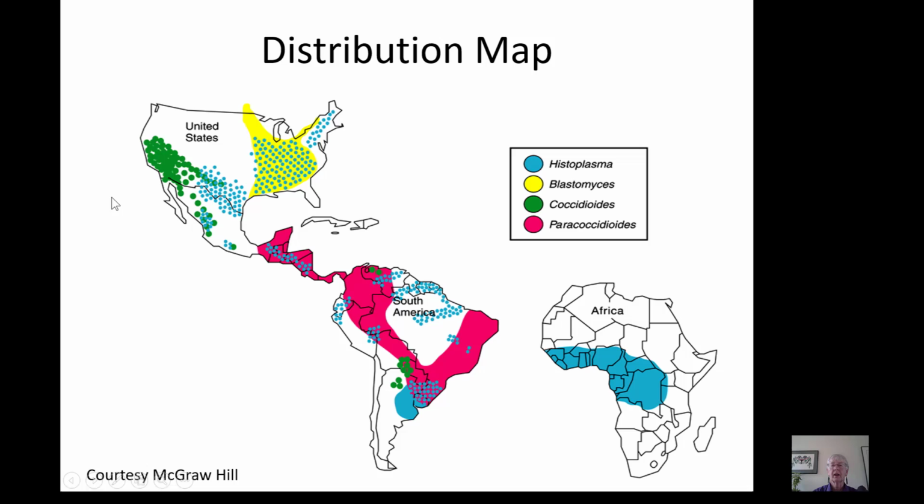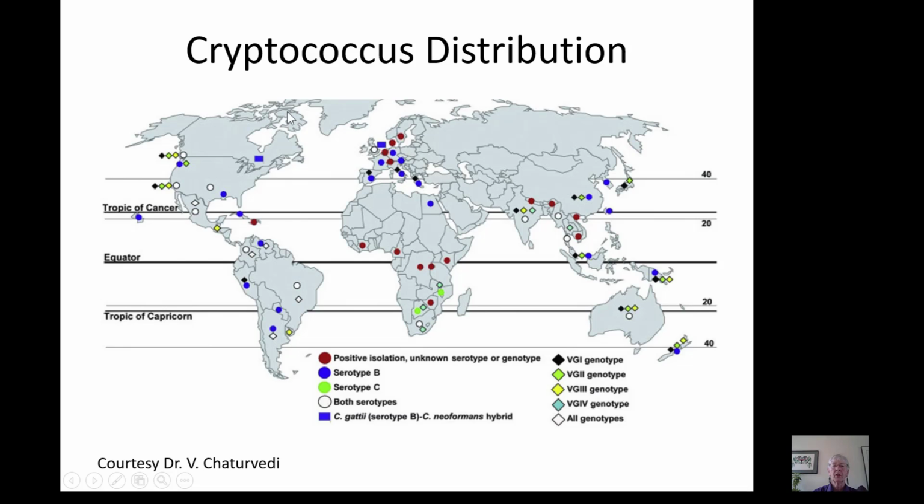And if you hike in the desert, Coccidioides is the fungal organism that you'll be associated with. There are other fungi obviously throughout the world. This map just shows the US, South America, and Africa rather than Europe and other Asian areas, but the dimorphic fungi are seen throughout the world.